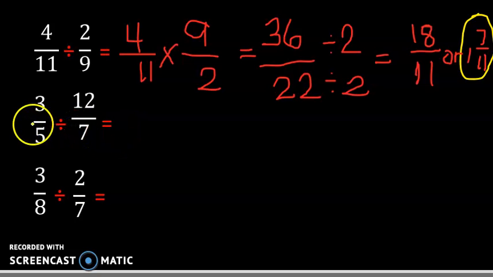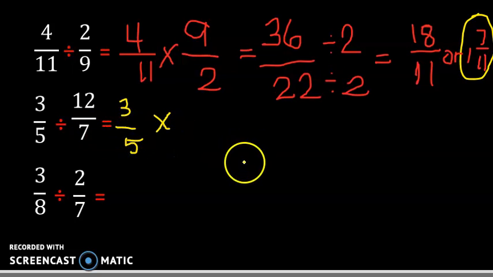Okay, problem number 4. 3 over 5 divided by 12 over 7. Step number 1, copy the first fraction. So 3 over 5. Step number 2, change the division sign to multiplication sign. Step number 3, flip the second fraction over to get the reciprocal.